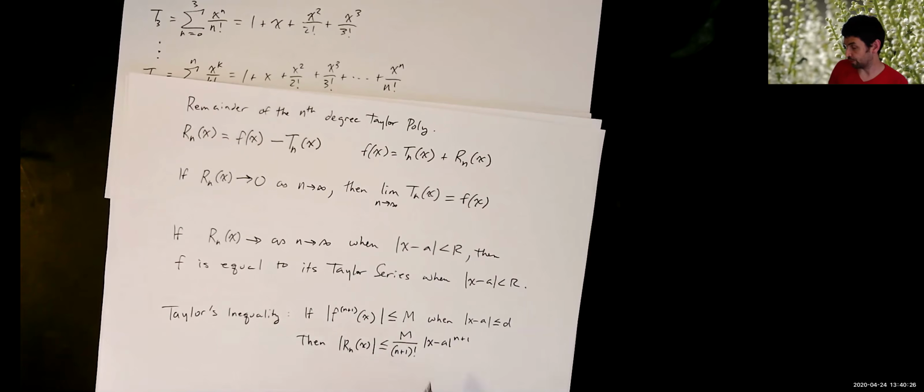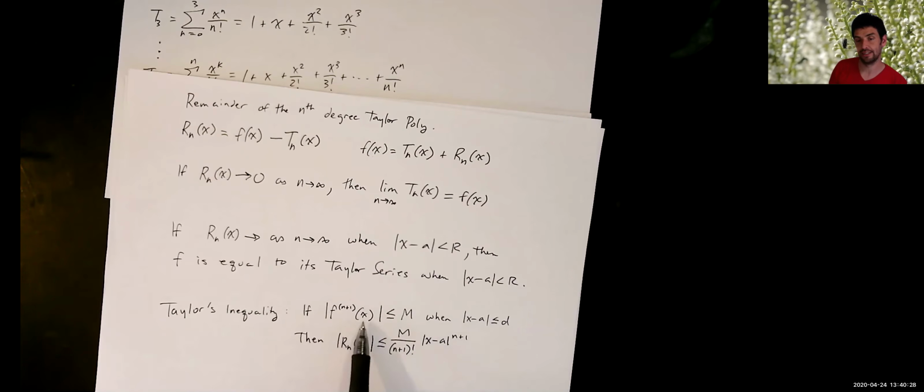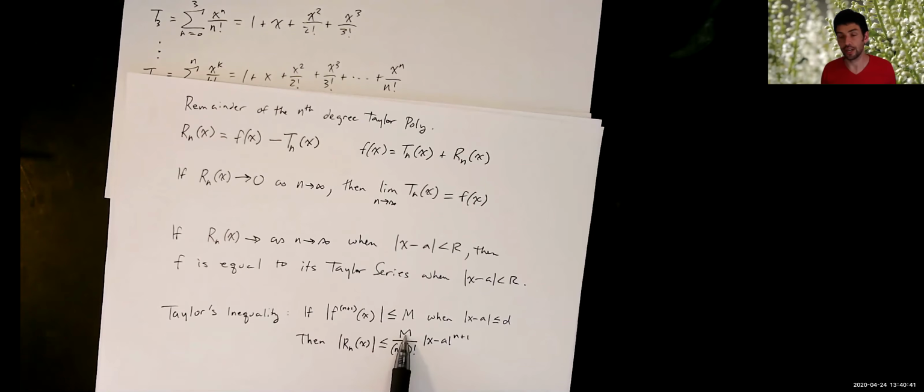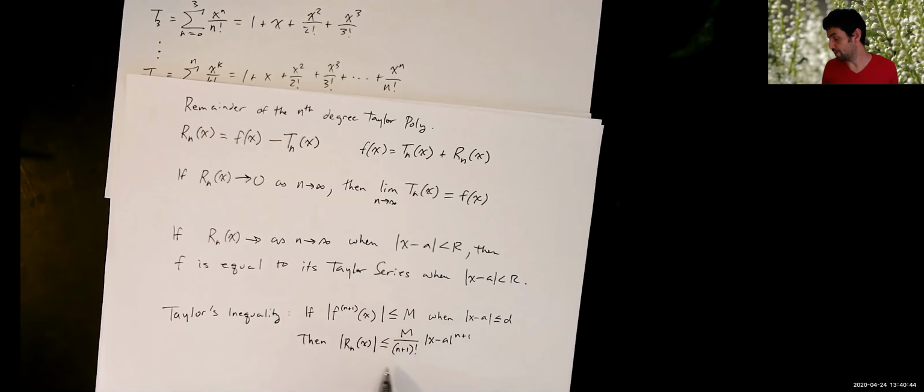So in other words, sometimes we can pin our next derivative under some number. For instance, if we were looking at trig functions like sine or cosine, you can always say their derivatives are less than 1. And so then you get a value for M here. If you can pin that derivative under some number, then this factorial in the bottom, as n gets larger and larger, is generally going to make this thing shrink pretty quickly.